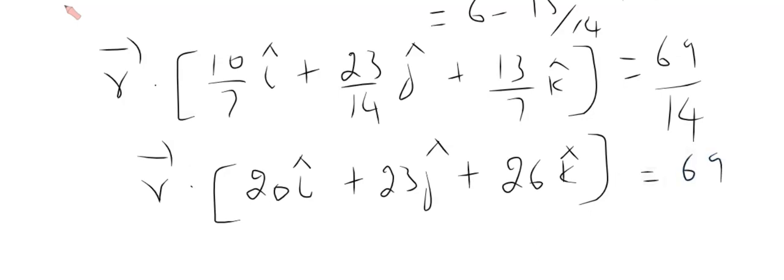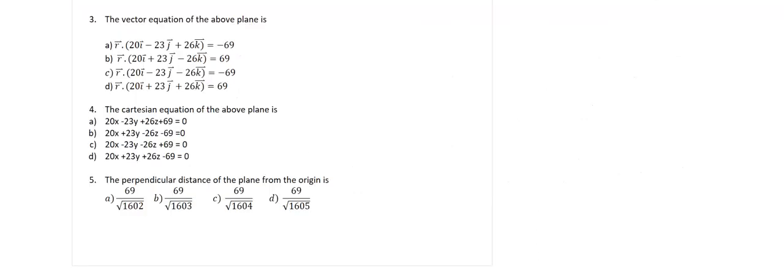So the equation will be r vector dot 20i plus 23j plus 26k is equal to 69, that is option D is correct.